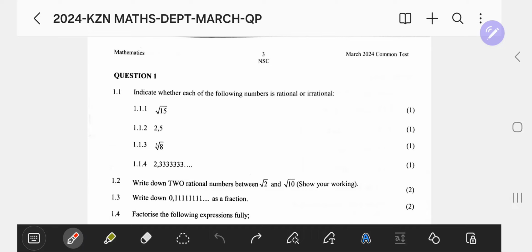So if you guys could get out your calculators, let's work through this together. The first value we have is square root 15. Now when you put that on your calculator, you get a long decimal. You do not get a fraction value, so that has to be irrational.